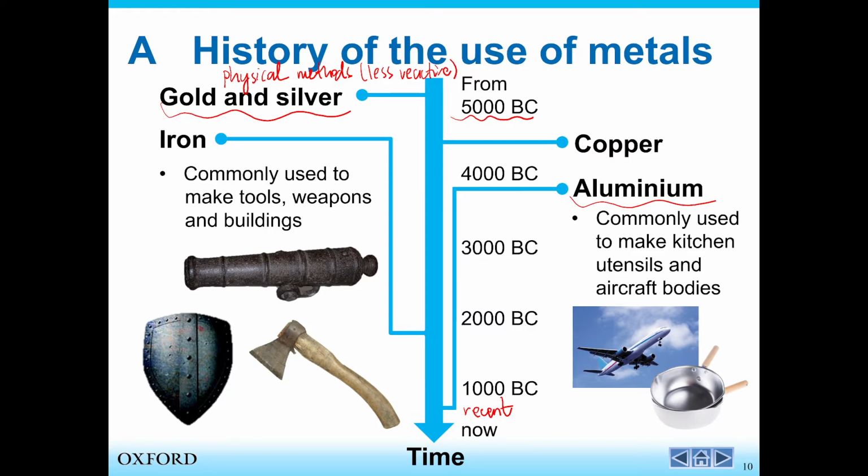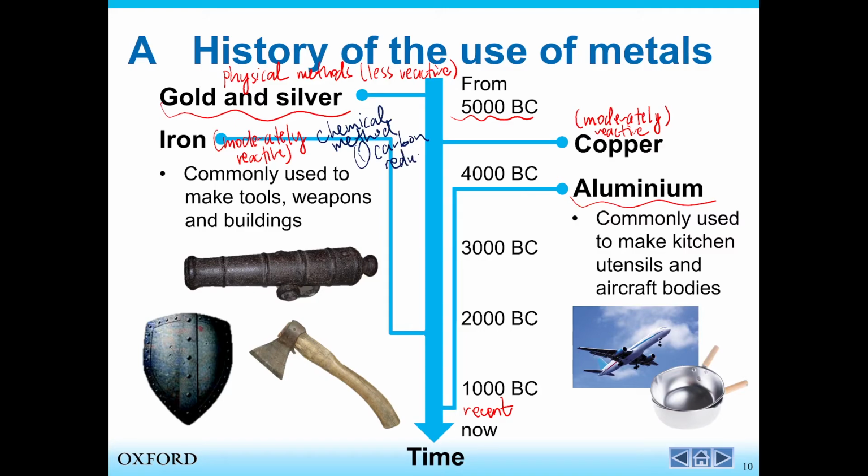Iron and copper, on the other hand, are moderately reactive. And because they're moderately reactive, you might need to do some chemical method to extract the particular metal. That method is carbon reduction that I talked about earlier.